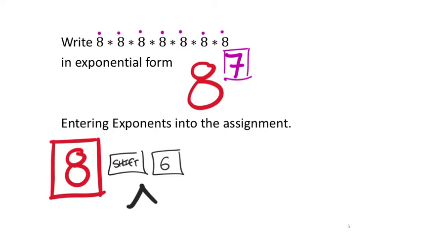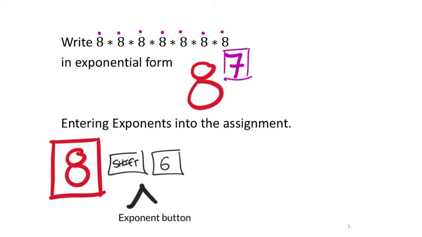This symbol right here, that's the exponent. Well, I'll say button. It's called a caret, not that I think you care, but that's what it is. This is how you access exponents.